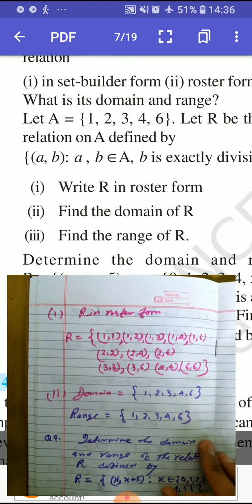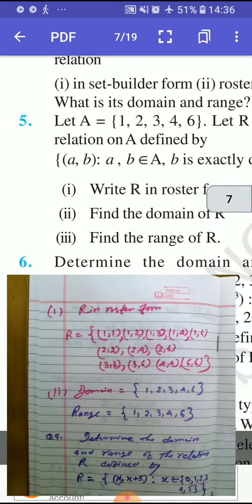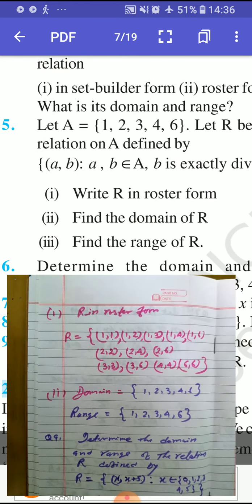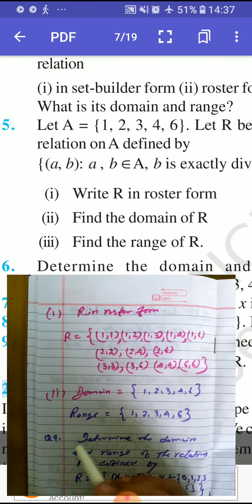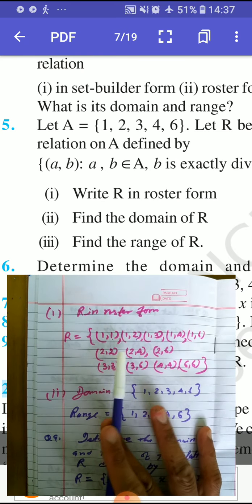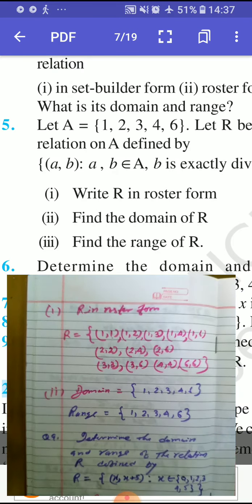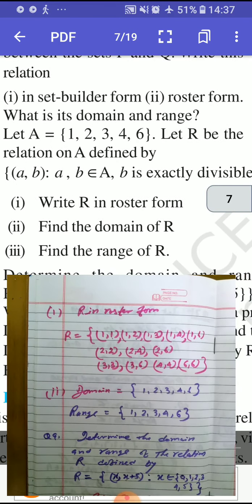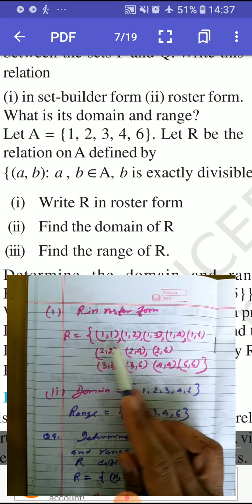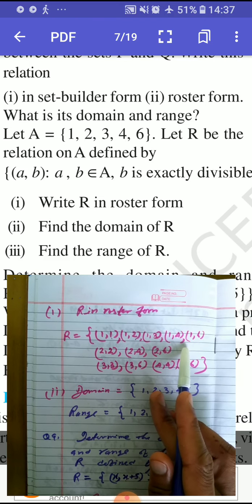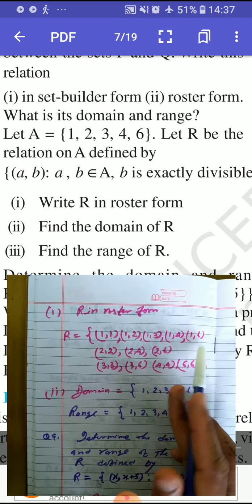My dear student, in question number 5, you will first write R in roster form. Since 1 is divisible by 1, and we know that b is exactly divisible by a, therefore 2 is also divisible by 1, 3 is also divisible by 1, 4 is also divisible by 1 and 6 is also divisible by 1.